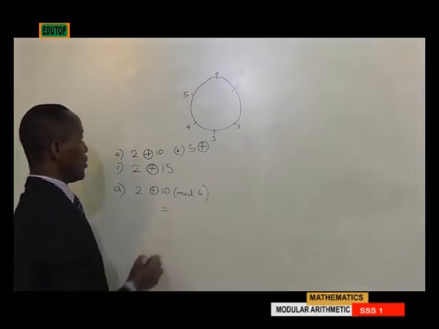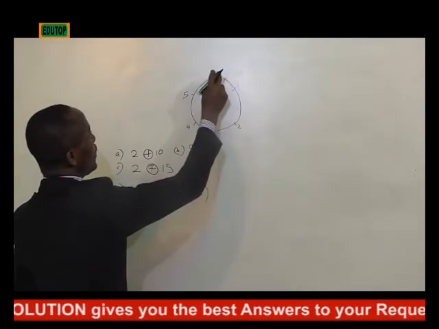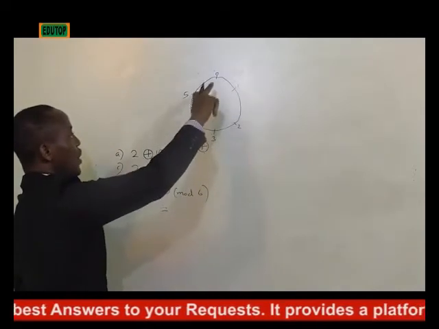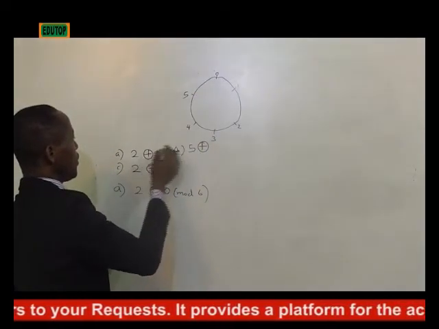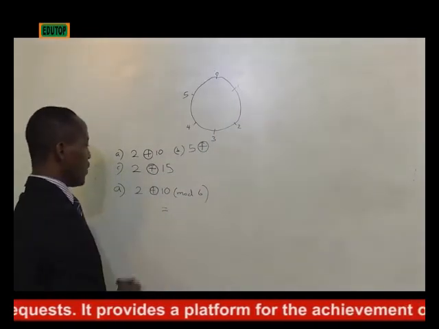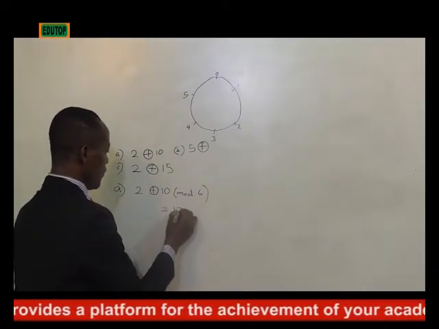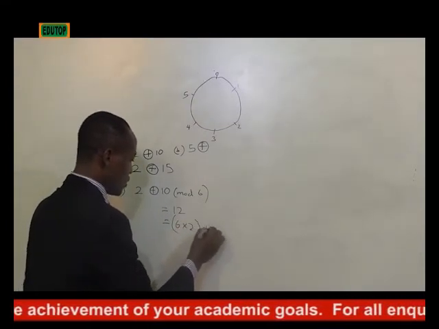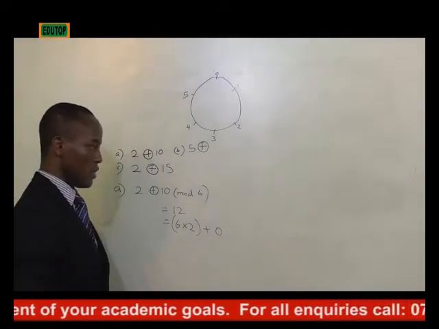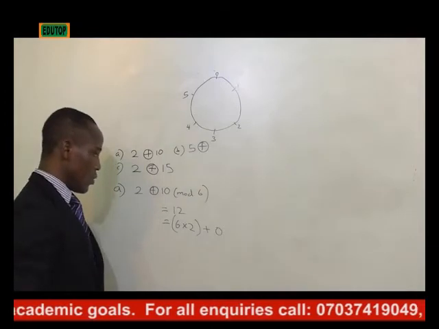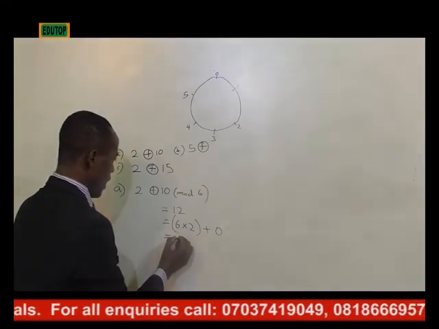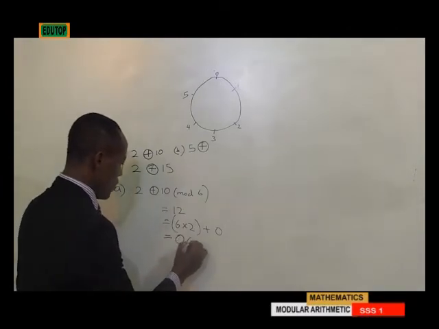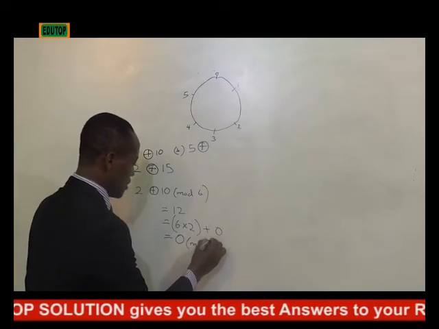The crude way of counting gave us 0 for 2 plus 10. Let's confirm. 2 plus 10 is 12, which is equal to 6 times 2 plus 0. 6 times 2 is 12, so what do we add to 12 to get 12? 0. So 2 plus 10 modulo 6 is equal to 0 modulo 6.